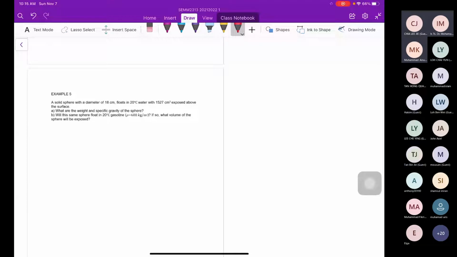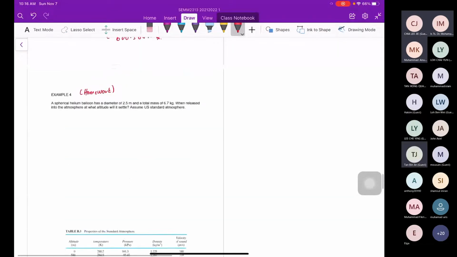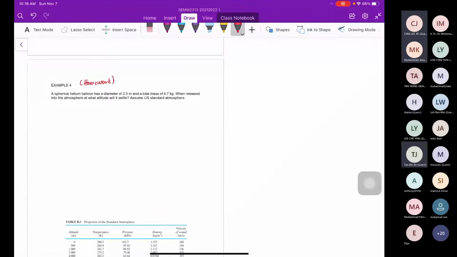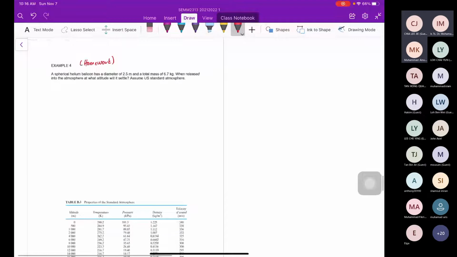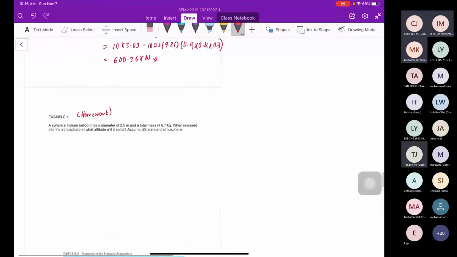Sorry, doctor. I think someone cannot see the screen. He cannot see it in the WhatsApp group. He says he cannot see the screen, Doctor Sherry.